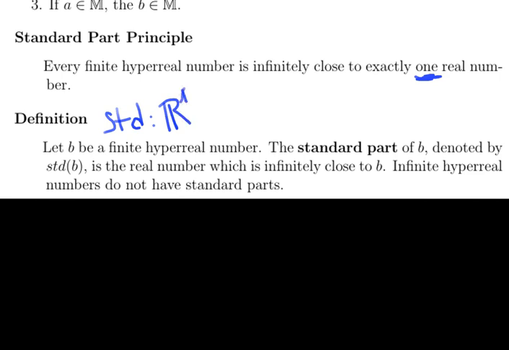There is no real version of this, but it takes the hyperreal numbers and sends them to the reals. So if b is a finite number, by the standard part principle, it has a real number that it's infinitely close to, and so the standard part function just sends it to that real number.